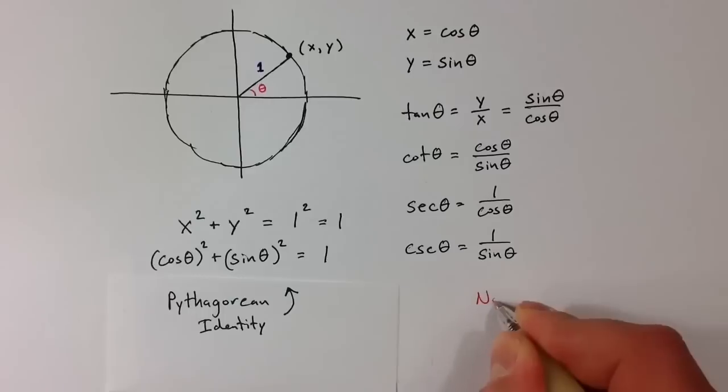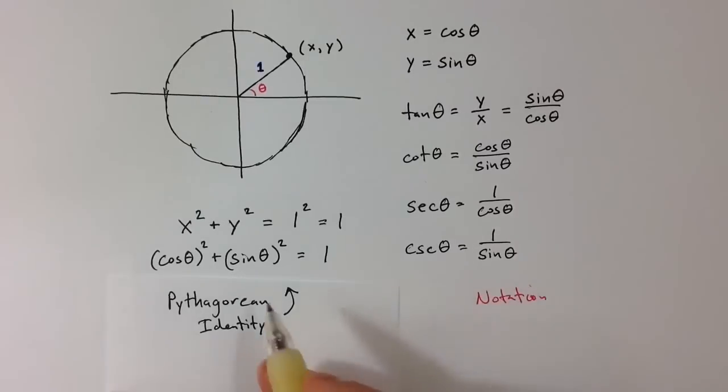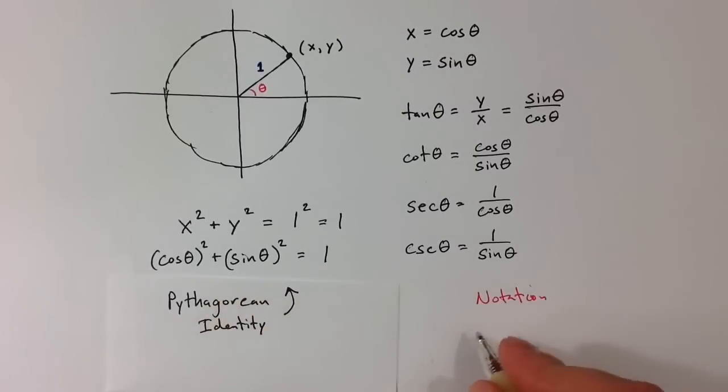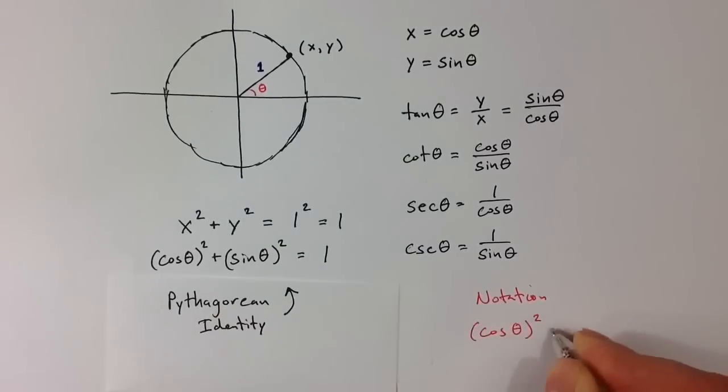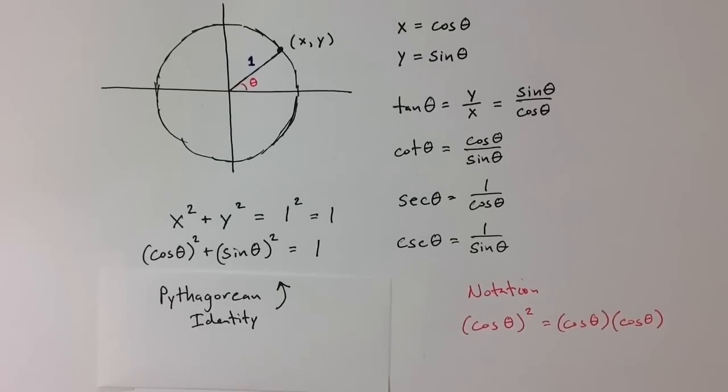So a comment about notation: exponents for sine and cosine are often written in the following way. For example, cosine of theta squared means cosine of theta times cosine of theta. For cosine and sine and other trig functions, we often write this as cosine with a little square next to the cosine, of theta.